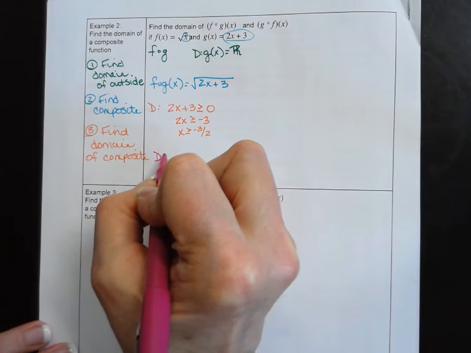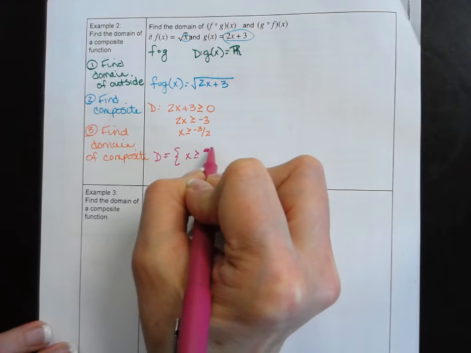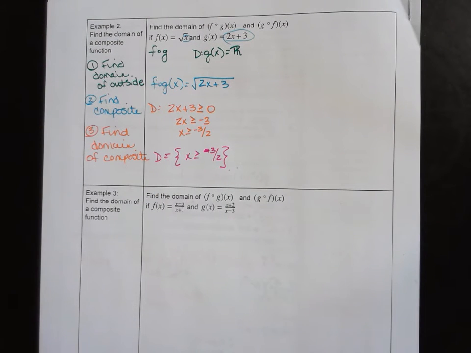So my domain is x greater than or equal to negative 3/2. Good. It's all reals, so you can just write it as assumed all reals except for this one.